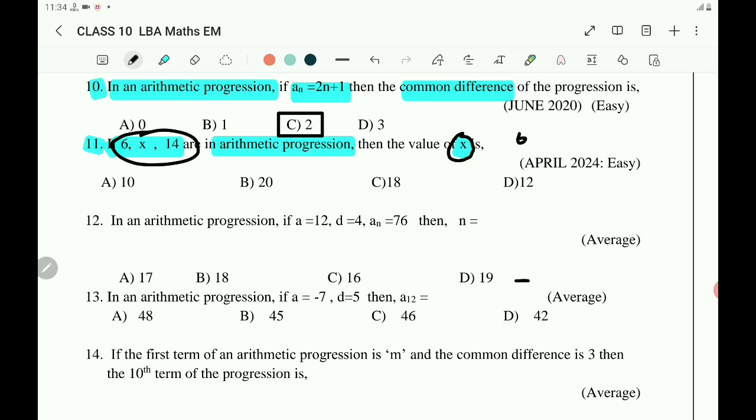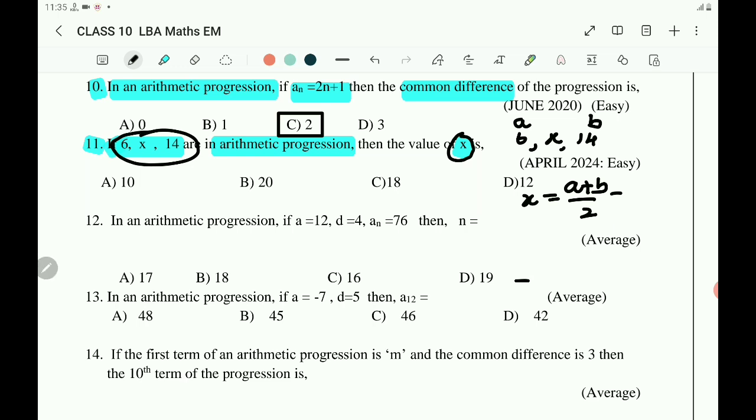So let us consider 6 is a and 14 is b, and x becomes (a plus b) by 2. That is the average of the first and the third term. So, add the first and third term, divide by 2, that becomes the arithmetic mean of 6 and 14.